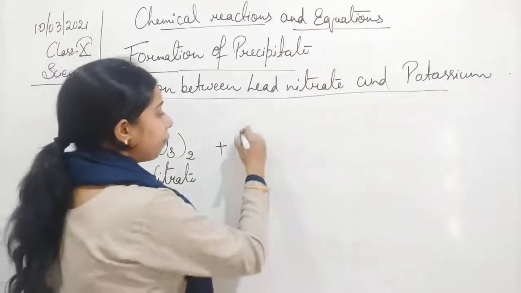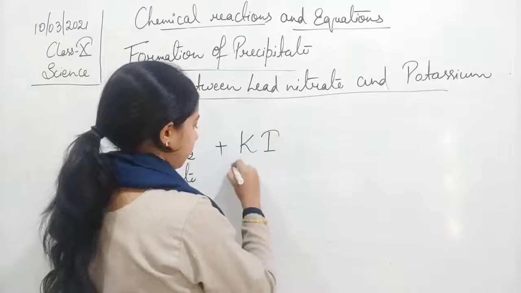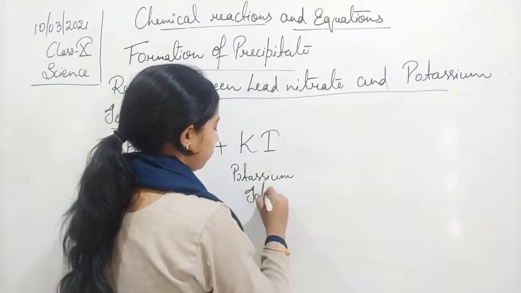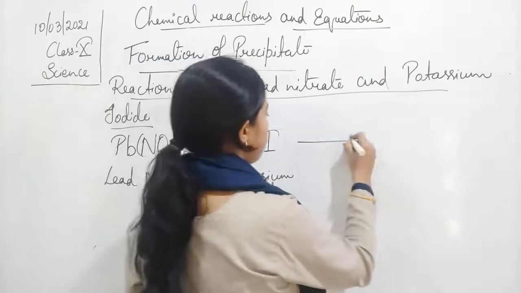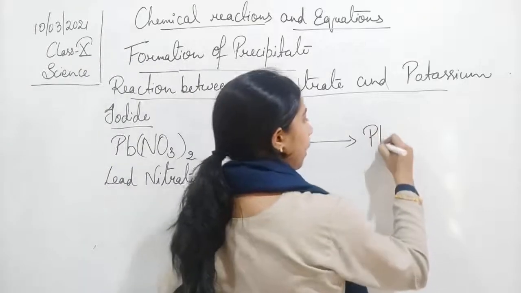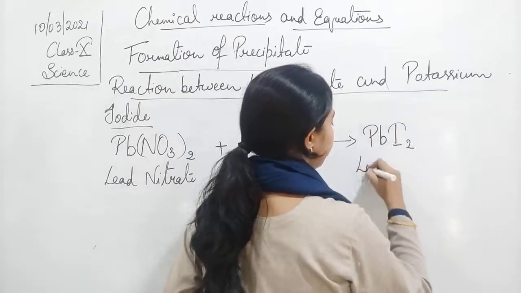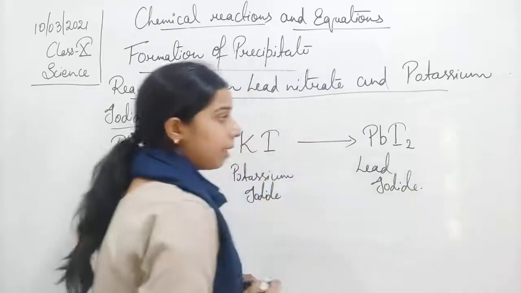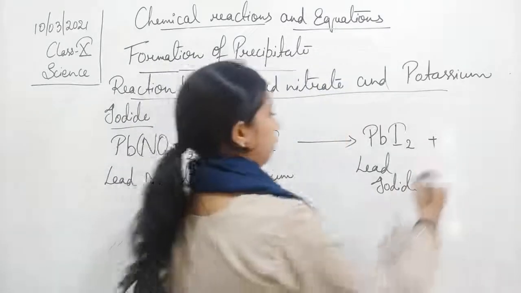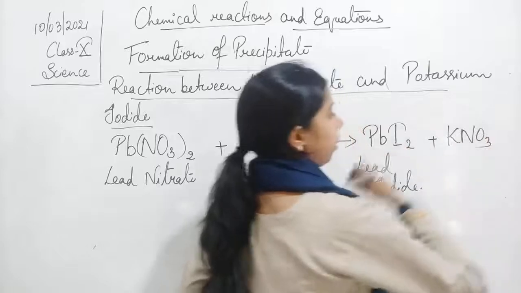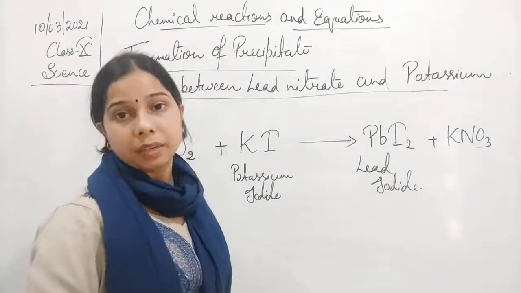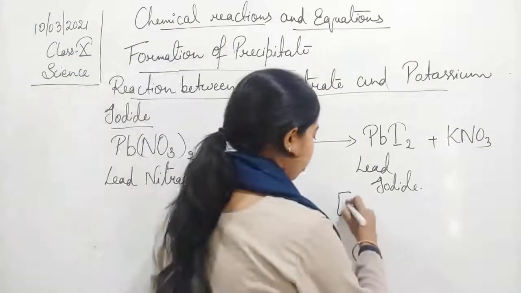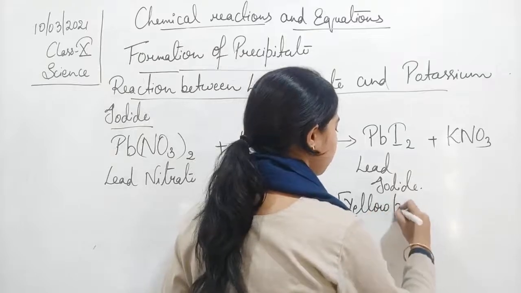When this reacts with potassium iodide, that is KI, then there is a formation of lead iodide. Lead iodide is represented by PbI2, plus KNO3, that is potassium nitrate. Now this lead iodide, when you look at it, is a yellow precipitate.